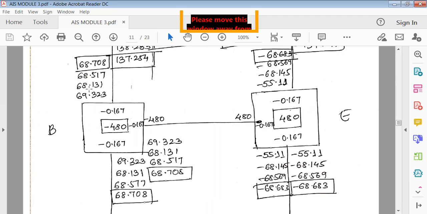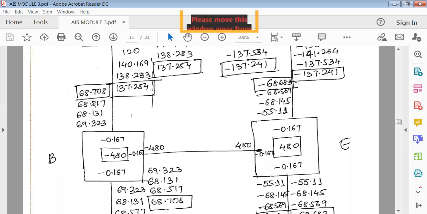Now again, why two iterations? This iteration should be carried out until, usually in the step of 4 you'll get the answer, but at least the difference from the previous step should be less than one as a whole number. You can see here it is 69, then it becomes 68, 68, 68, and this continues.